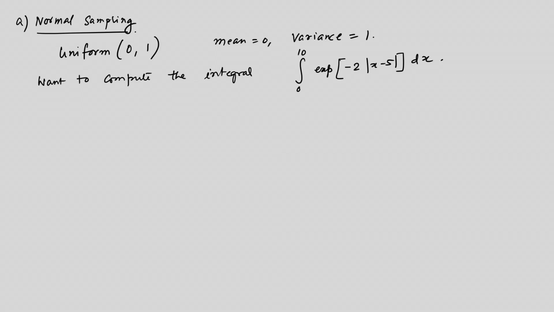So, a regular approach would be to generate x_i from the uniform (0, 1) distribution. Here, because we have taken it to 0 to 10, because this integral has an approximate value of 1, we could do that. So, this integral has a value which is close to 1.